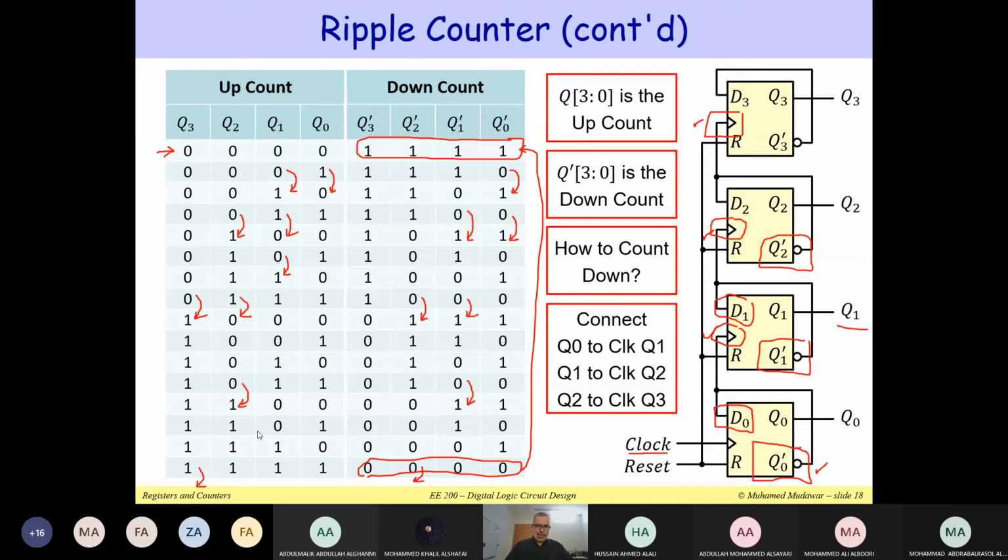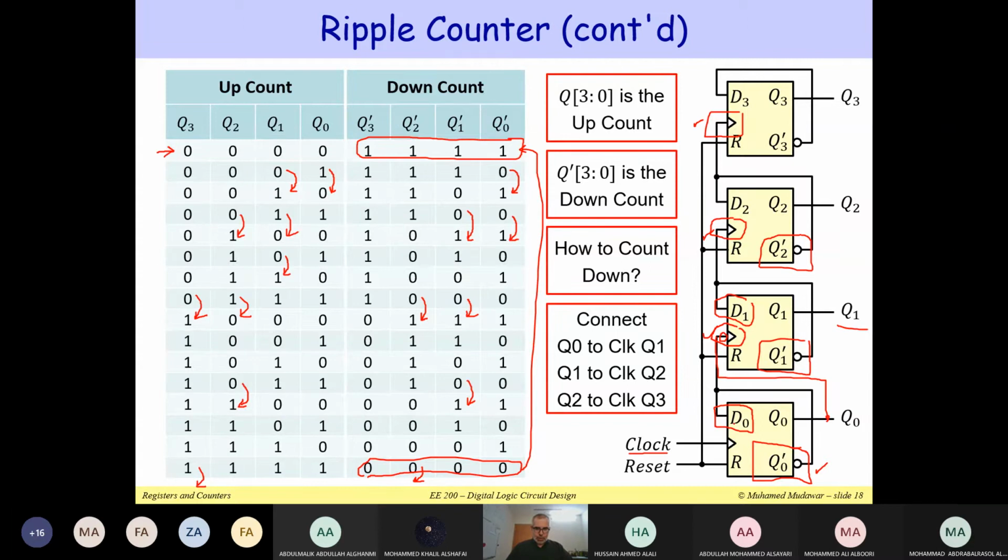If I want to change this to a negative edge, put a bubble here, then I have to connect to Q0, not to Q0 prime.